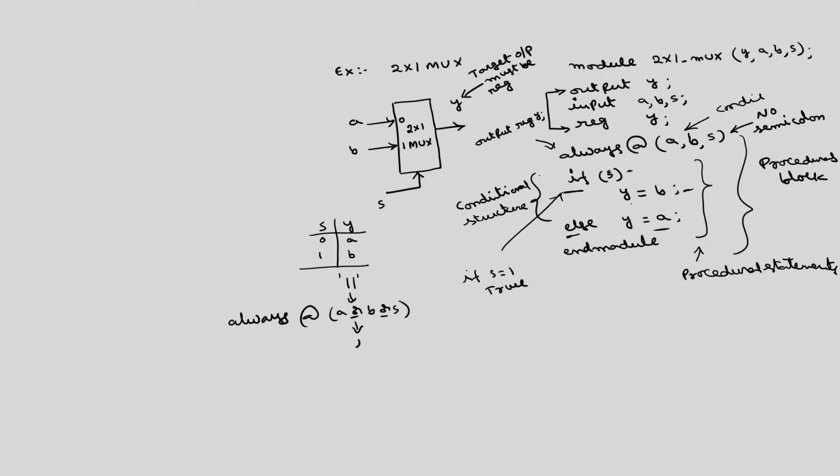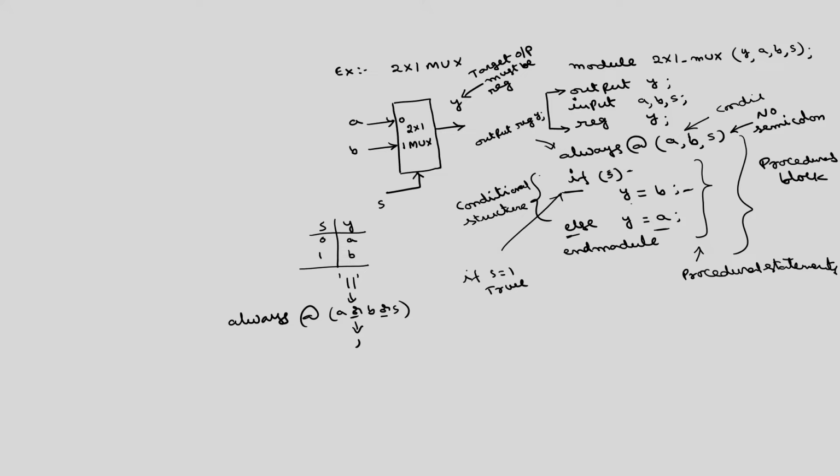Okay. This is the format of the if else structure, exactly similar to that of the C language. This is the Verilog code using procedural assignment, and we have used blocking assignment because this is a combinational circuit. Normally, in case of sequential circuits, we will use non-blocking.